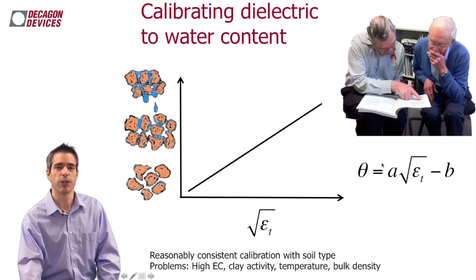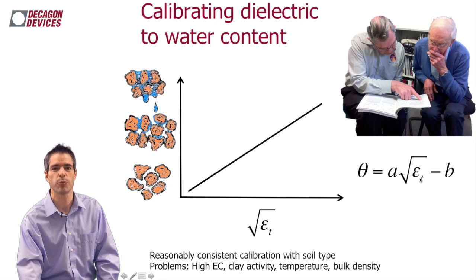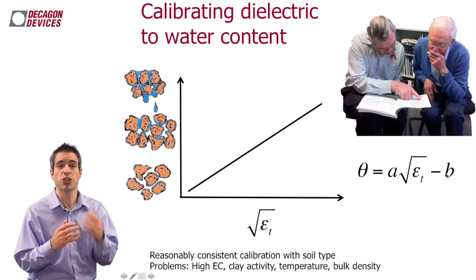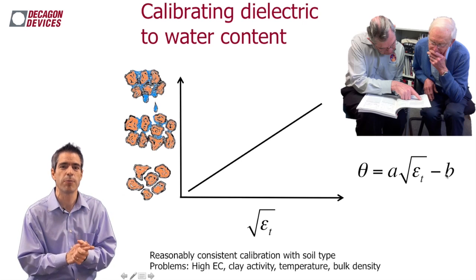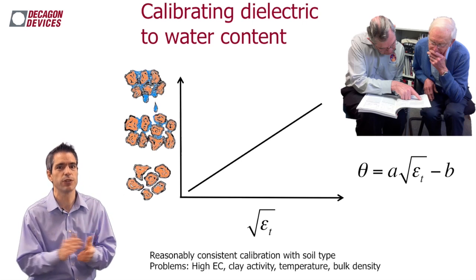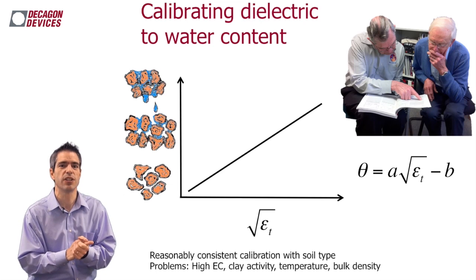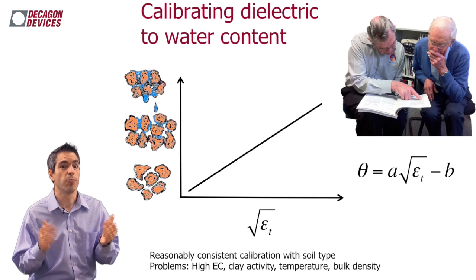So the volumetric water content is equal to some parameter alpha times the square root of the total charge storing capacity, the dielectric permittivity, or this A times the square root of epsilon T minus B. And those A and B, he showed in that original paper, although it didn't use this equation, were pretty consistent for a lot of different soils, but not all of them.